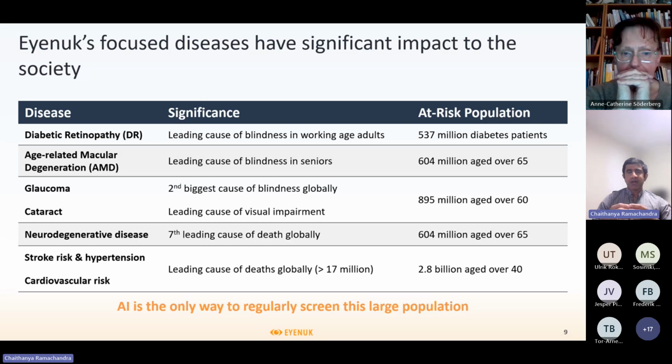So these are extremely large populations worldwide that are at risk. And so the only way to regularly screen such a population would be to use AI.